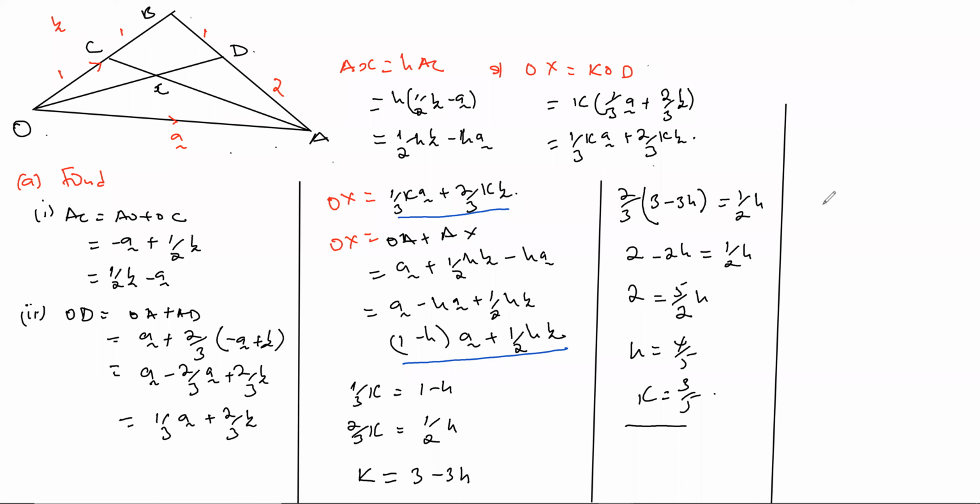it is like they want the ratio AX to XC. So to get this ratio, it involves the answers you get here. I think that was what I was trying to explain.